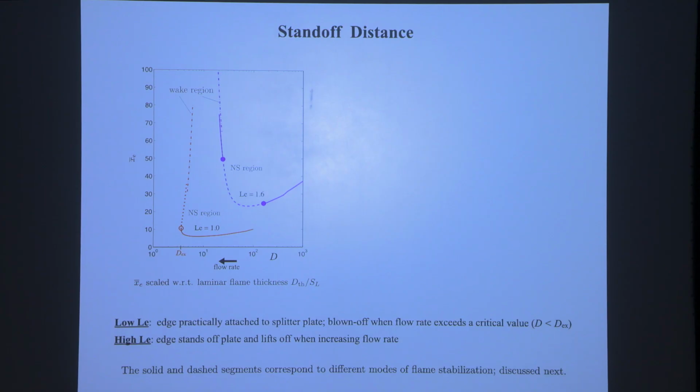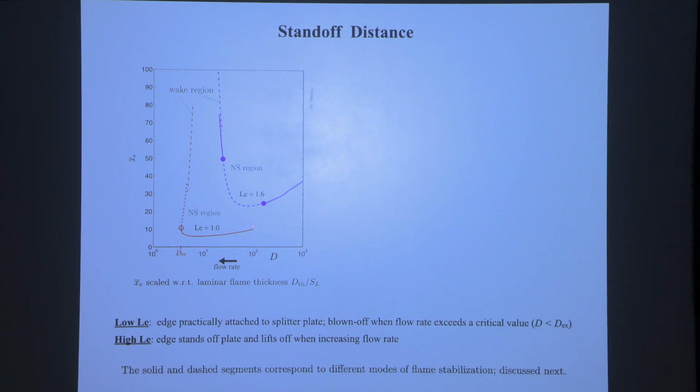Now, here is an interesting result. What happens if you decrease the Damköhler number? In other words, you increase the flow rate into those streams. It depends on the Lewis number.